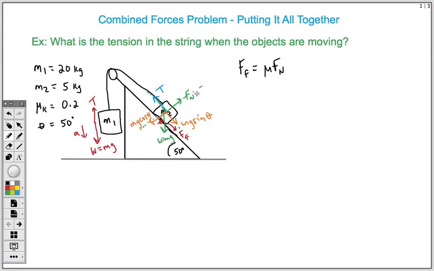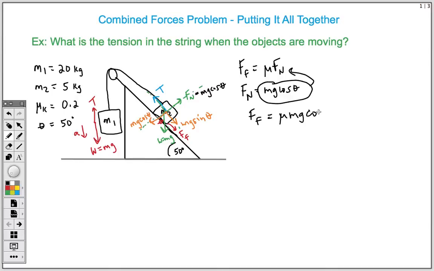So our Fn is really mg cosine theta. So let's just take care of that right now. Fn is mg cosine theta. So by substitution, plug that in. Our frictional force is equal to mu mg cosine theta.